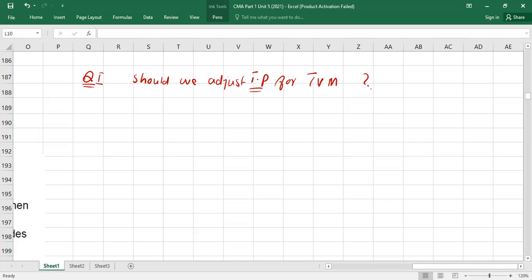Time value of money effect. And there are two answers. The answer could be yes, we should adjust the transaction price for the effect of time value of money, or the answer could be no. I'm not going to explain anything about no right now. I'm just going to explain yes first, because then we will reverse the situation and get the answer for no.